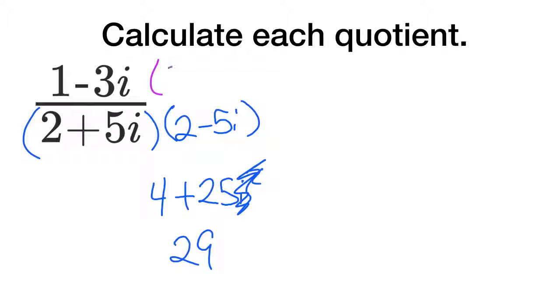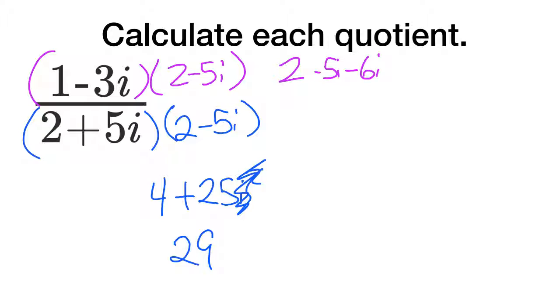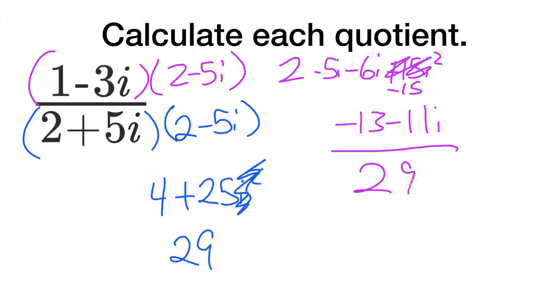Now, on the top, we're multiplying it by 2 minus 5i as well. So let's see. That becomes 2 minus 5i minus 6i, and then plus 15i squared, which becomes minus 15. Negative 13 minus 11i over 29.